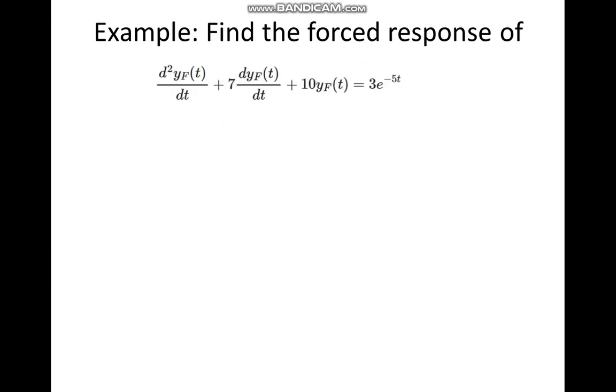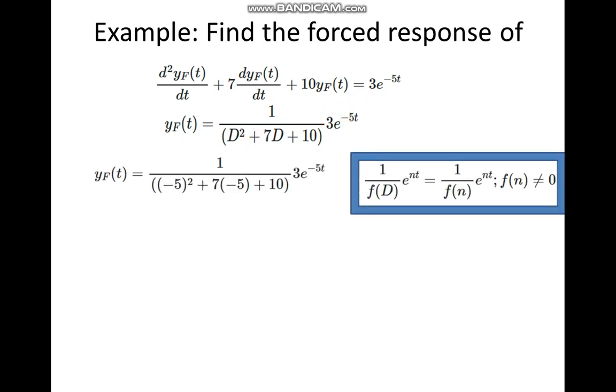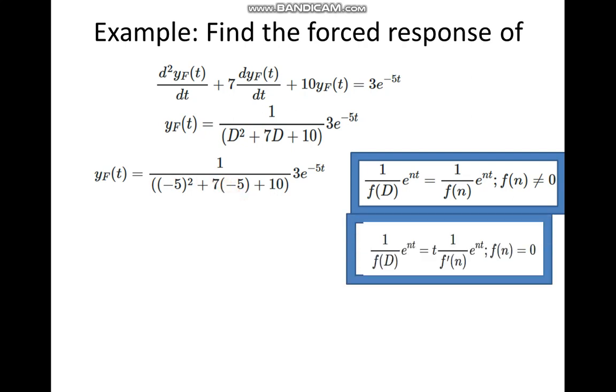In this example, the differential equation given is this one. Again, adopting the same method, our yf becomes this. Now replacing D with minus 5, we come across a problem that this denominator becomes 0. But we know how to deal with such a situation.